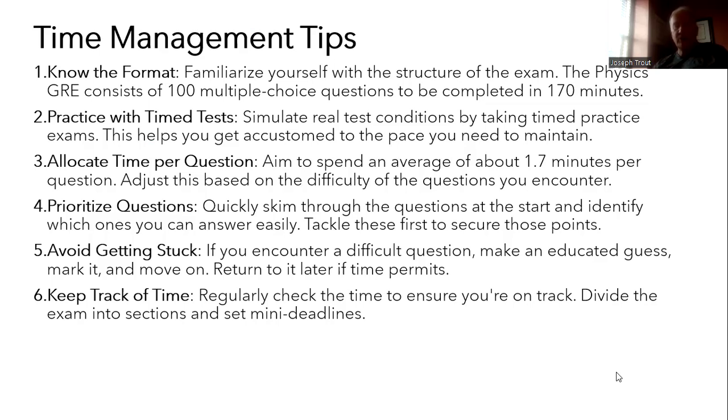So about 1 3/4 minutes. So adjust this based on the difficulty of the questions you encounter. So some questions you'll be able to answer very quickly, and some will take a little bit longer because you actually have to do a longer calculation.